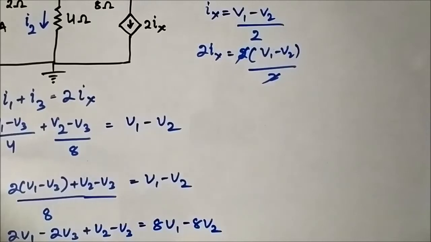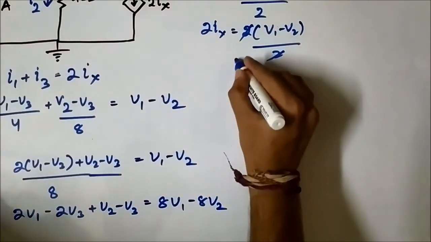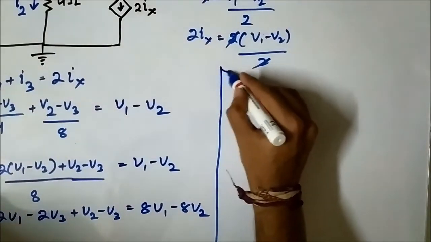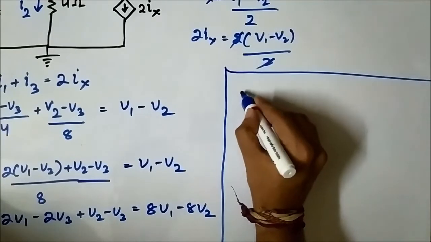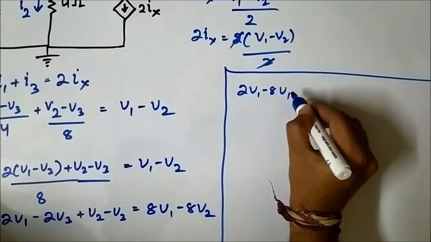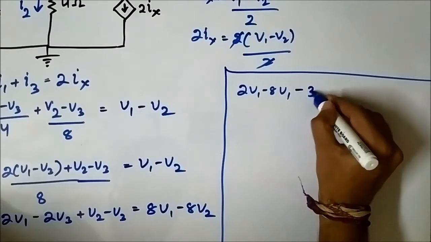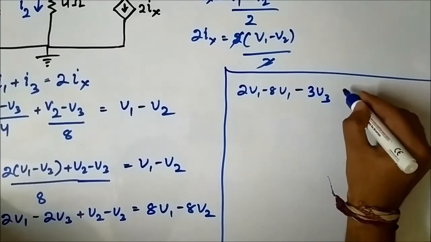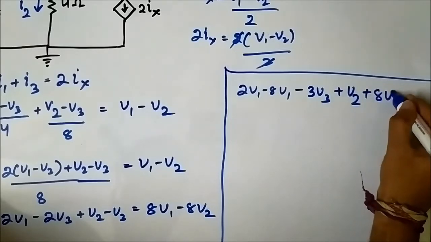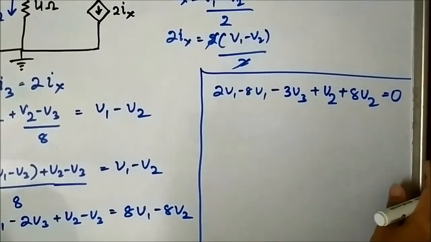If we rearrange the terms and solve it, it comes 2V1 minus 8V1 minus 3V3 plus V2 plus 8V2 is equal to 0. Okay, this is the equation.